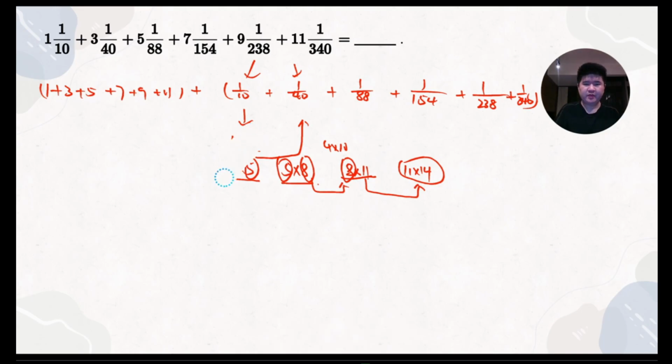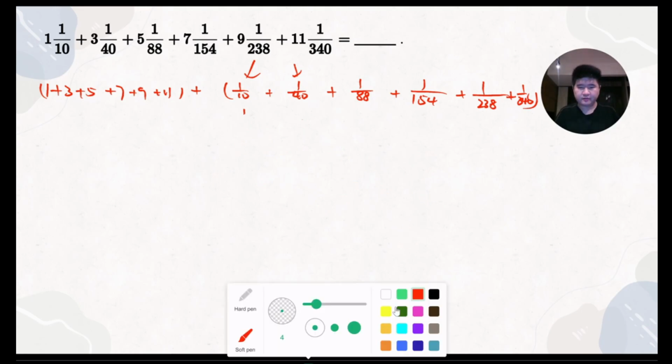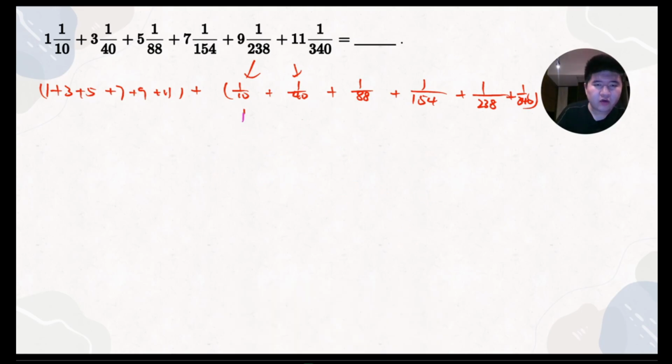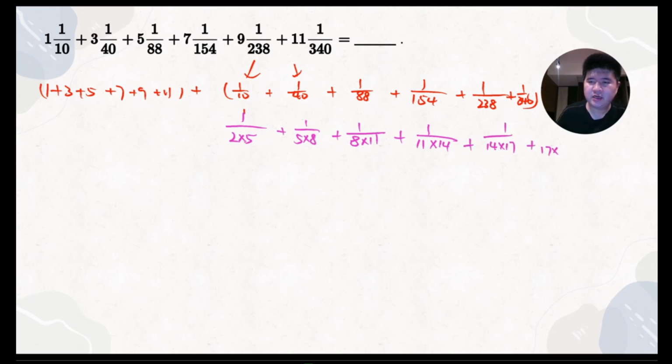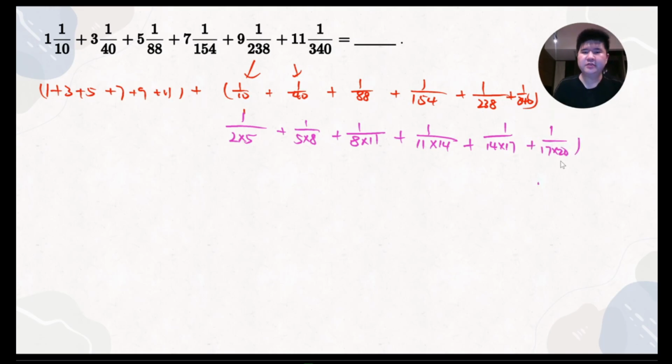So for the following part, we write it as 1 over 2 times 5, plus 1 over 5 times 8, plus 1 over 8 times 11. 我们就这样一直的写啊，11乘14啊，再加上14乘17啊，再加上17乘20呀。All of them just meet the requirement.